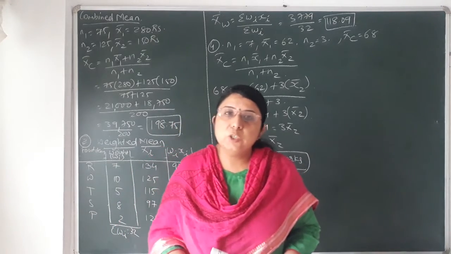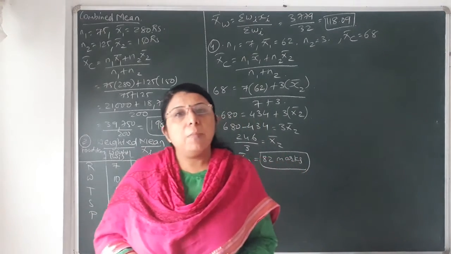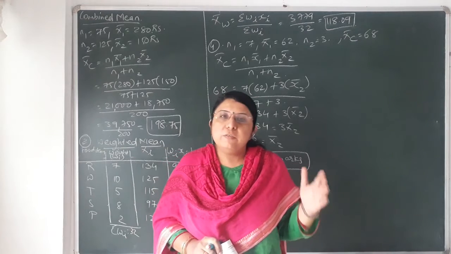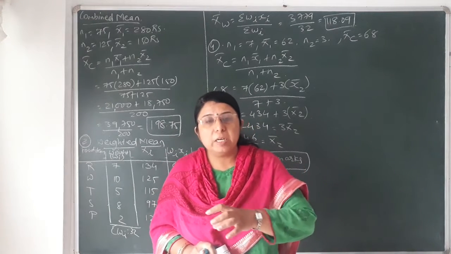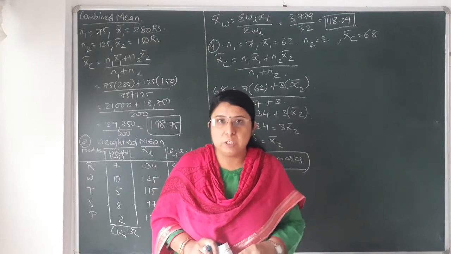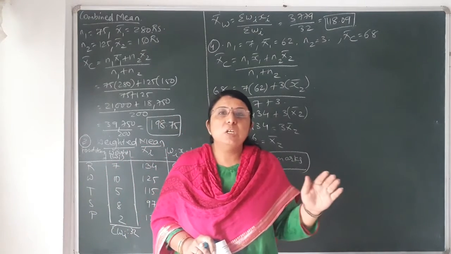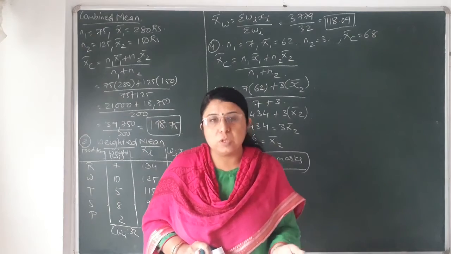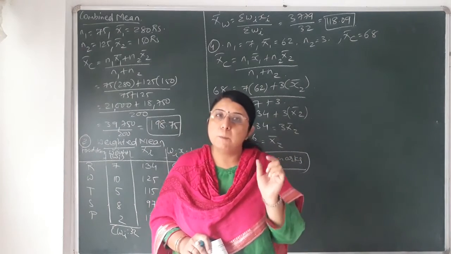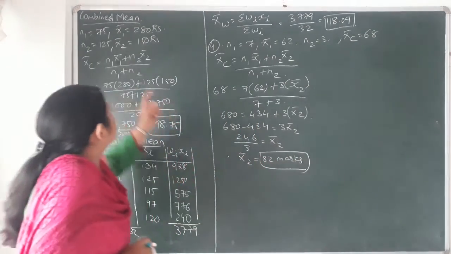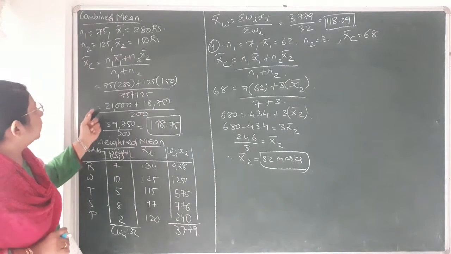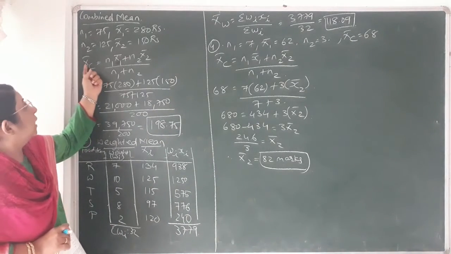First of all, I'll explain to you what is combined mean. Combined mean is used whenever the mean is given to you separately of different groups of observation, and it is asked to you to combine the mean of all the different groups. Then we have to find the combined mean by applying the specific formula that you can see that I have written on the board, that is x bar c.